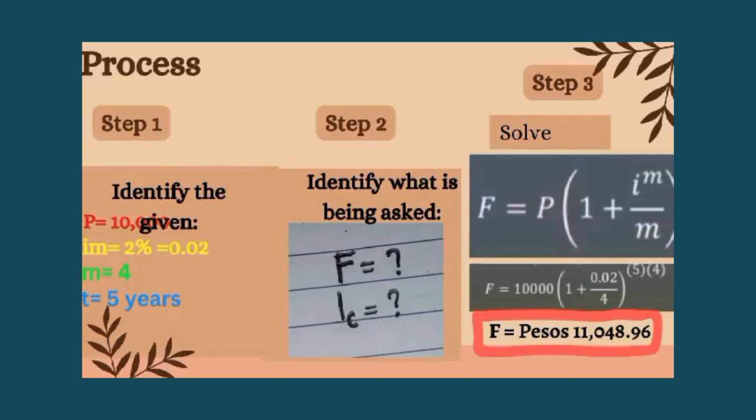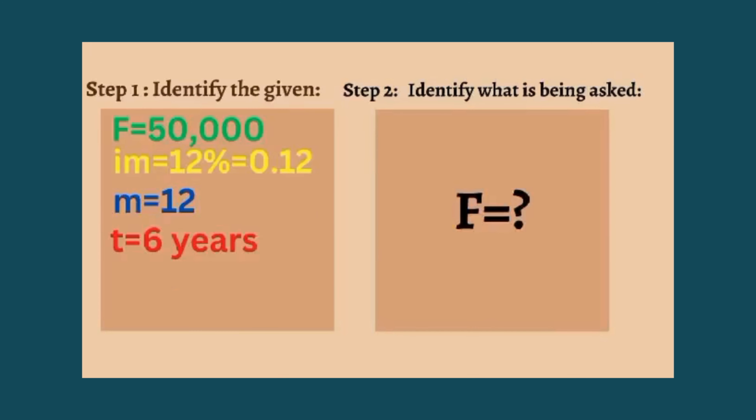P, which is 10,000, 1 is given, plus 0.02, which is the IM, and 4 for the M, to the power of time for 5 years, and then the M, 4. So the total of that one is 11,048.96.